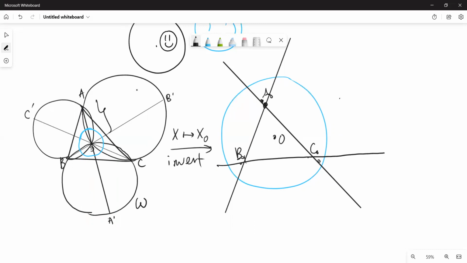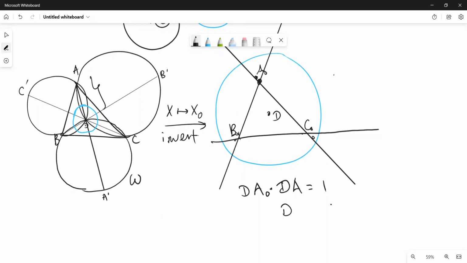So remember, D A naught times D A is R squared, right? But we just, without loss of generality, said the blue circle has radius 1. So let's say it's equal to 1. That means DA is just the reciprocal of DA naught. So that's nice, that's one piece of information we have.